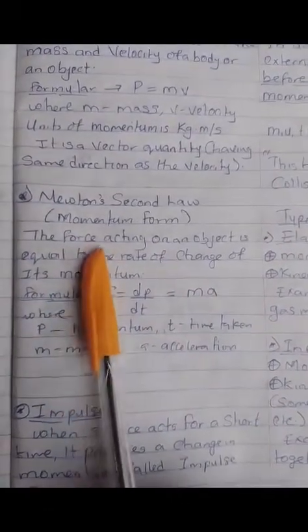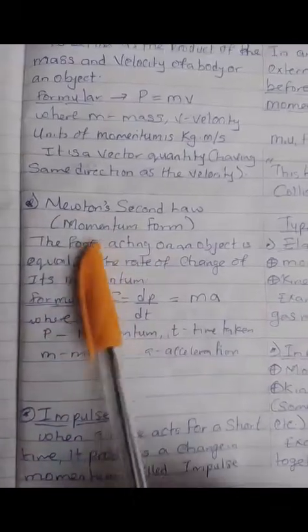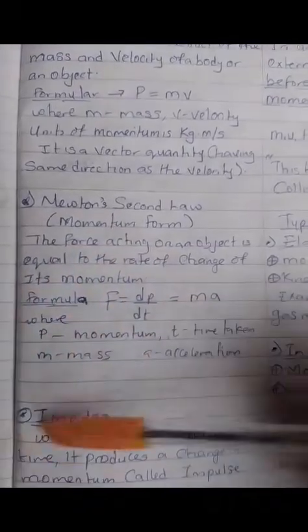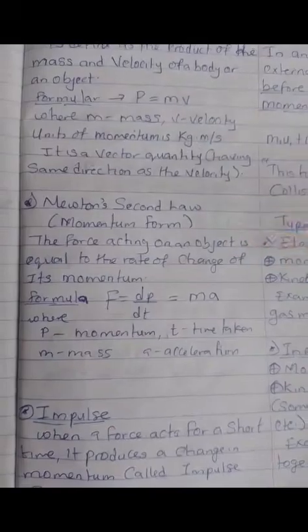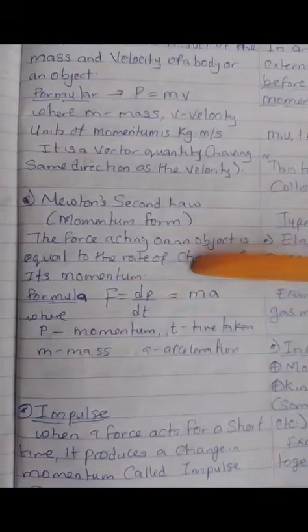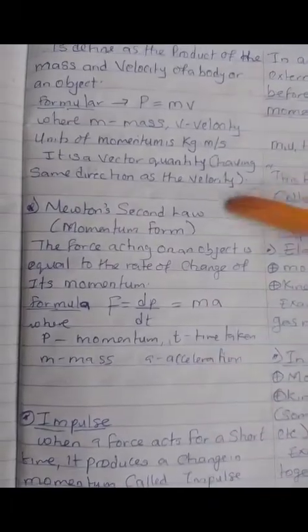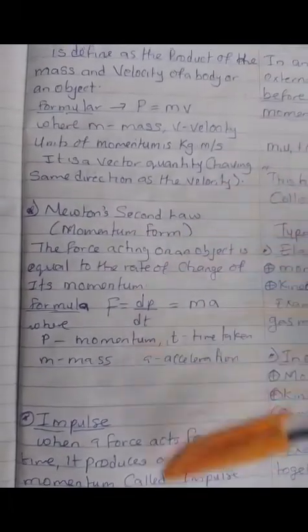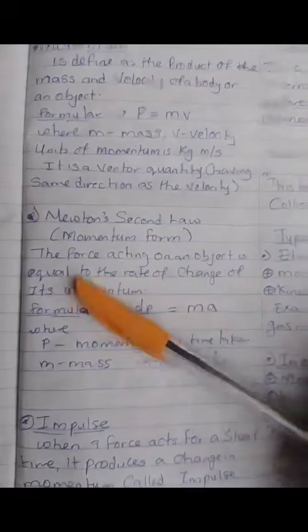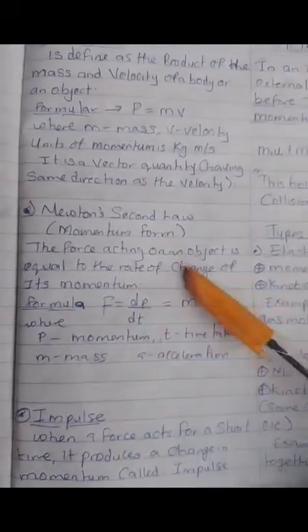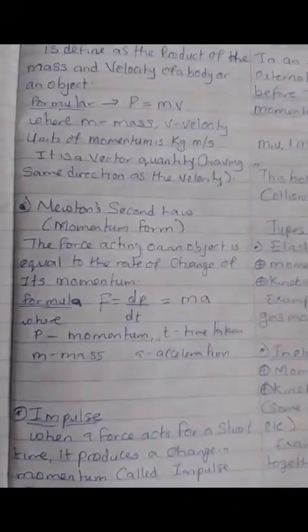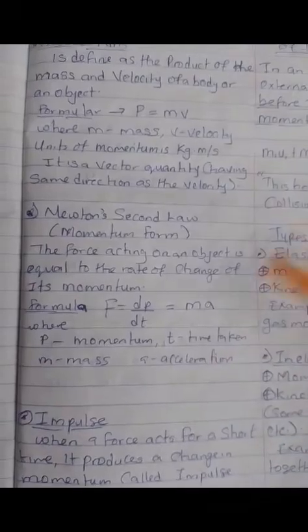So if there is an increase in the force, there will be an increase in the momentum, and when there is a decrease in the force, there will be a decrease in the momentum.